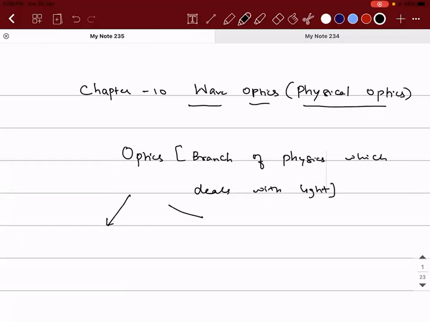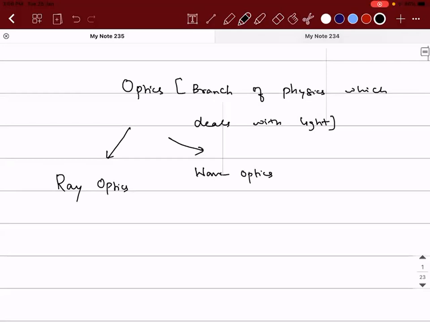Optics is further subclassified into two types. One is called ray optics and the second is called wave optics. Knowing this fact, we will try to answer.